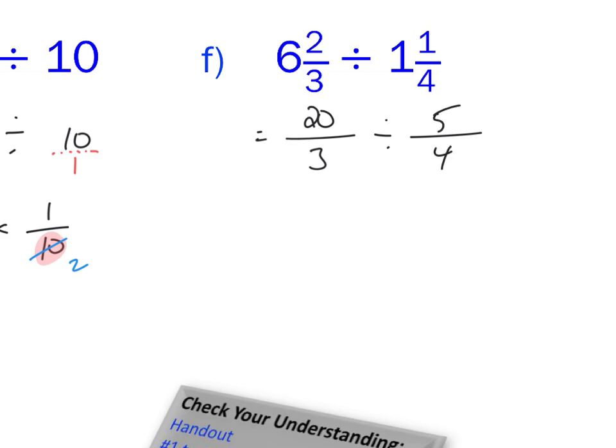Good. So the first step is we change it to an improper fraction, and in this case, we're changing two of them to improper fractions. Then we change it to a multiplication question. The first fraction is the same. The second fraction flips upside down, so it becomes what? 4/5.